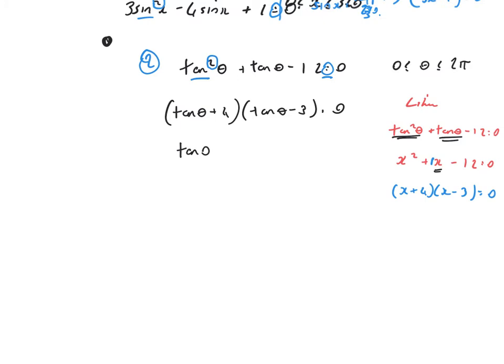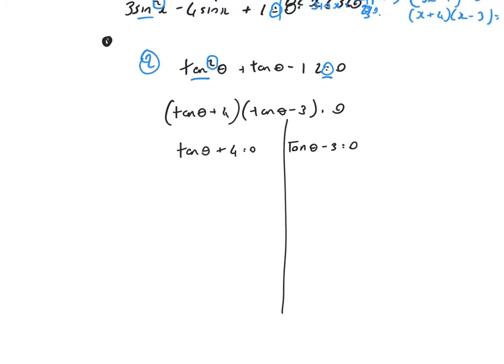I've then got tan theta plus 4 equals 0, line down the page, and tan theta minus 3 is equal to 0. Okay, right. Let's bring that over.